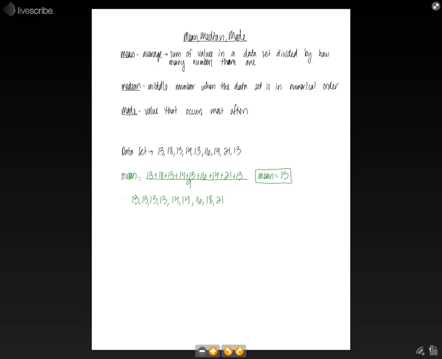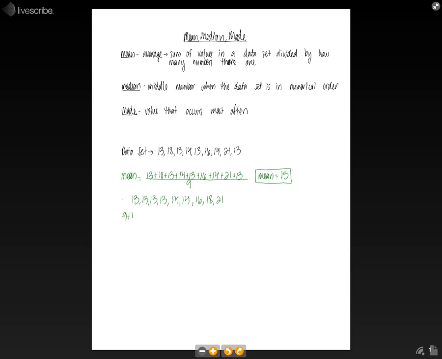And so we need to find the number that lies in the middle. Since we have an odd number, it's going to be a little bit different. We can't just divide by 2, because 9 divided by 2 would be 4 1/2, and we can't take the 4 1/2 data point because we don't have one.